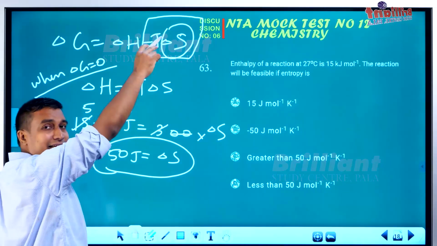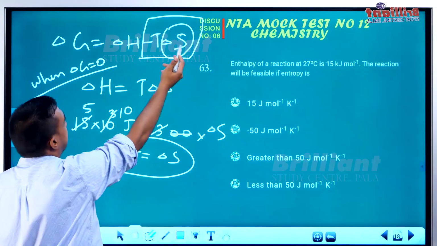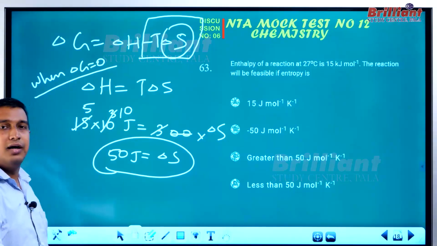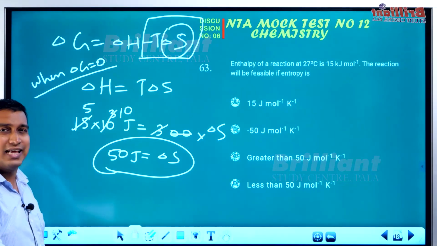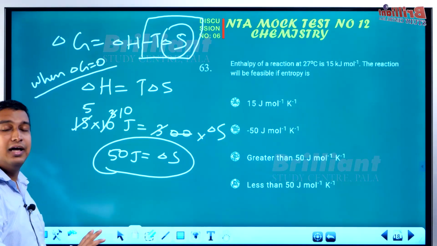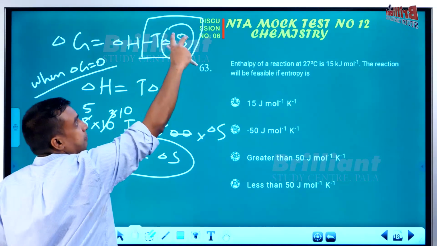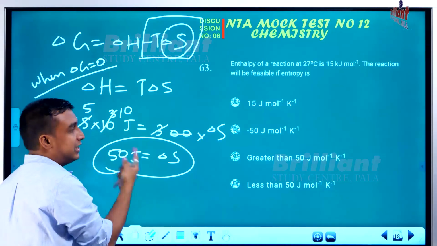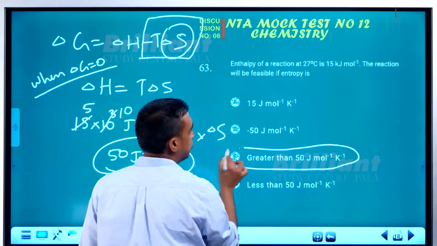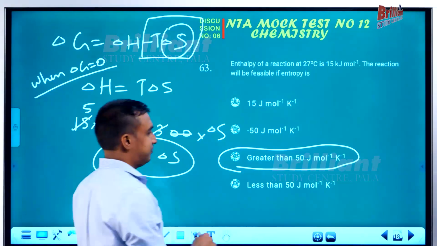If it becomes more negative, then delta G can become more negative or lesser than 0. So the idea is that your delta S has to be a bigger positive value. Because of this negative sign, it becomes negative. So if this has to be a bigger positive value, it should be higher than that 50 joules. So greater than 50 joules per mole per Kelvin. Question number 63, the answer is option C.